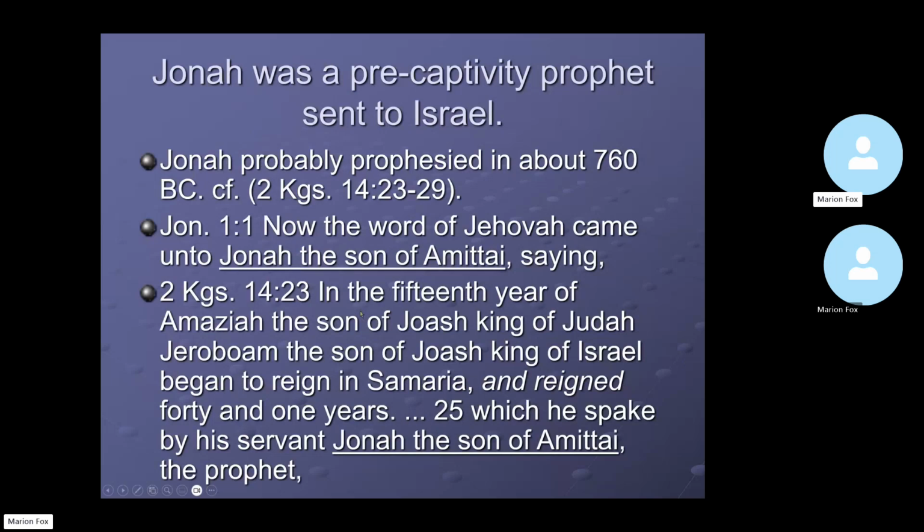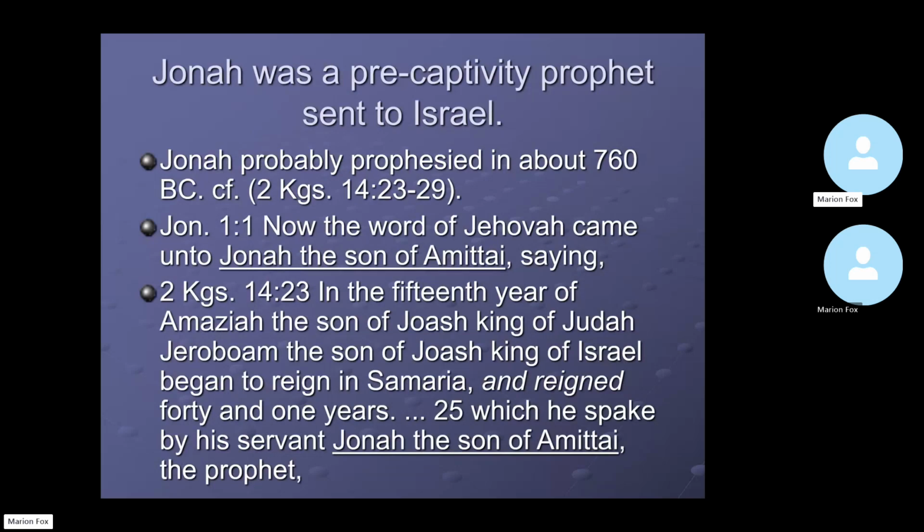In the 15th year of Amaziah, the son of Joash, king of Judah, Jeroboam, the son of Joash, king of Israel, began to reign in Samaria and reigned 41 years. Which he spoke by his servant Jonah, the son of Amittai, the prophet. I say this has to be the same prophet. Okay, so we have it.